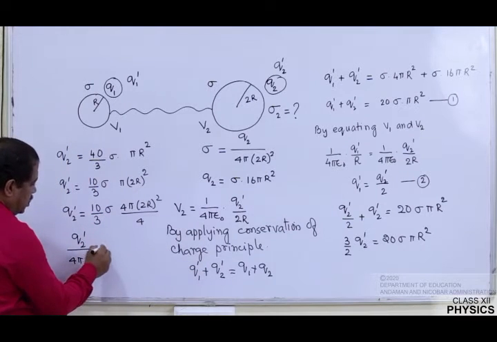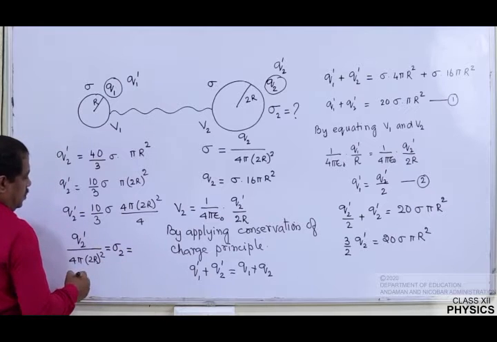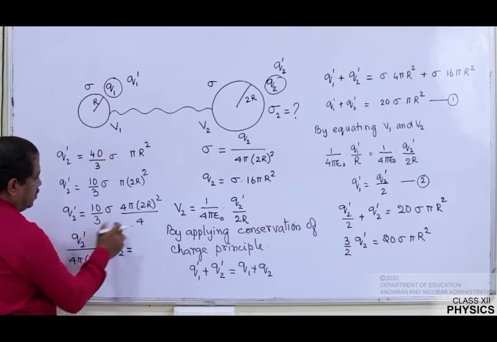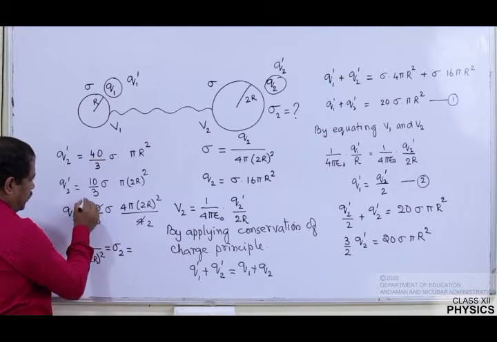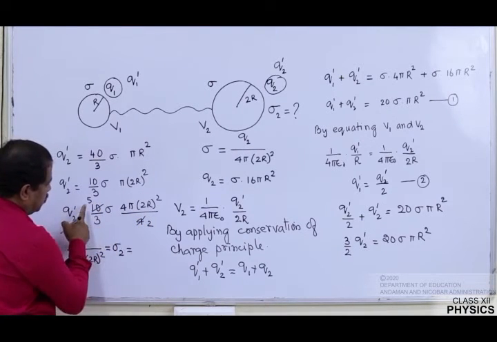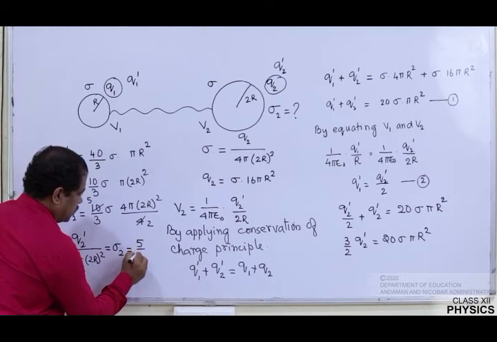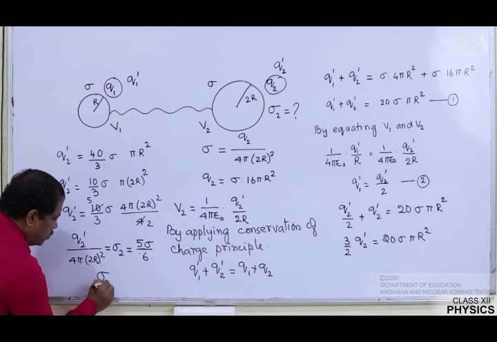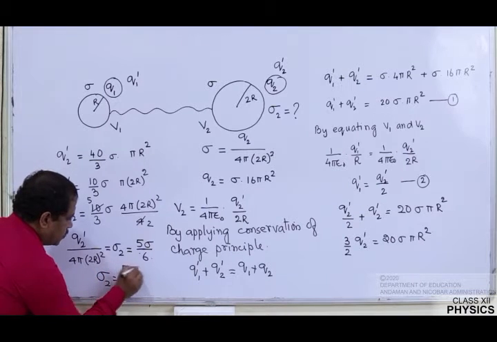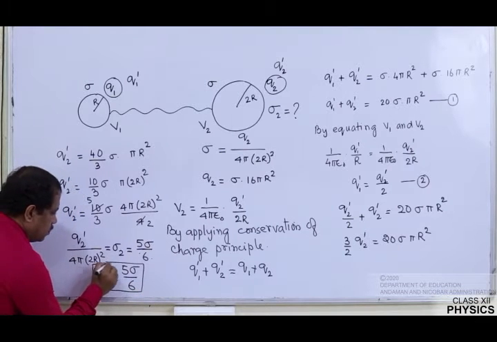So this becomes equal to sigma 2 for me. What am I left with? 2 2s are 4, 2 5s are 10. So this comes out to be 5 sigma by 6. Sigma 2 we found is equal to 5 sigma by 6. So this is the answer.